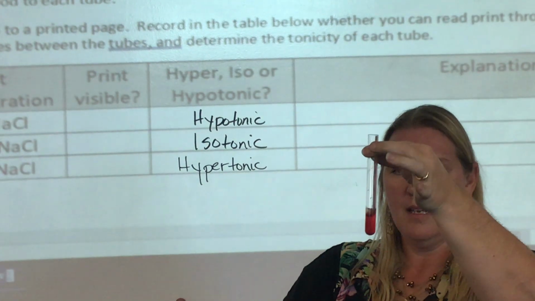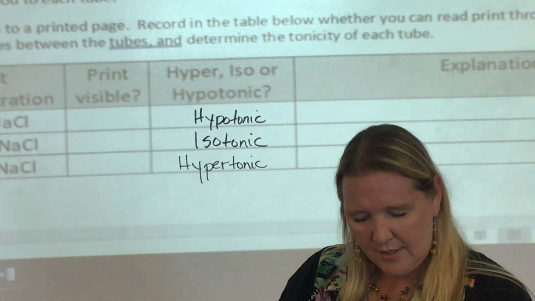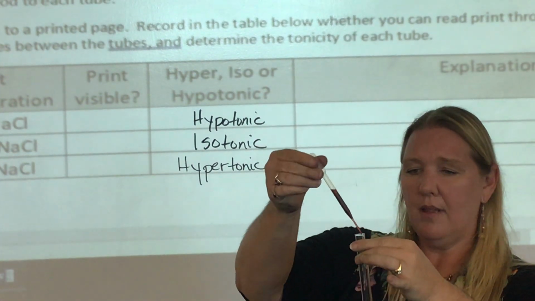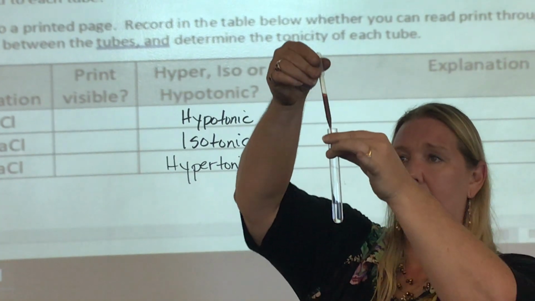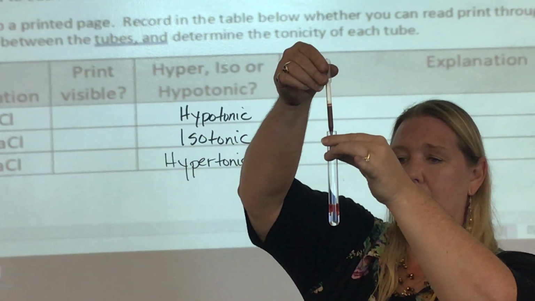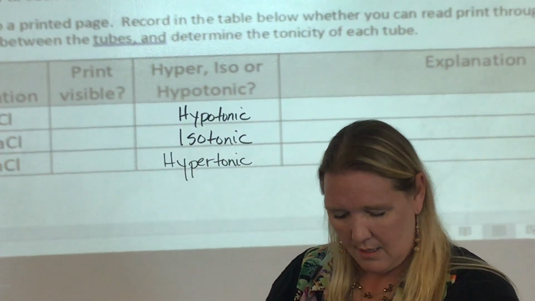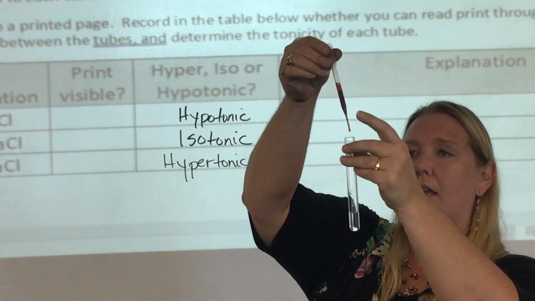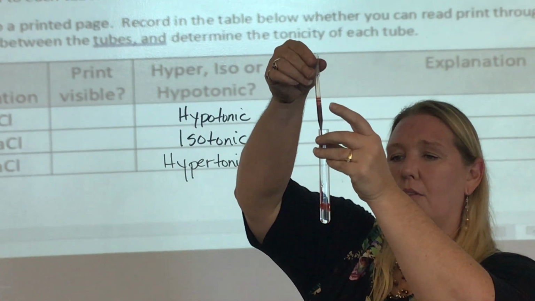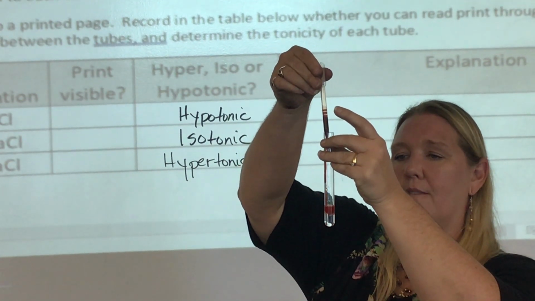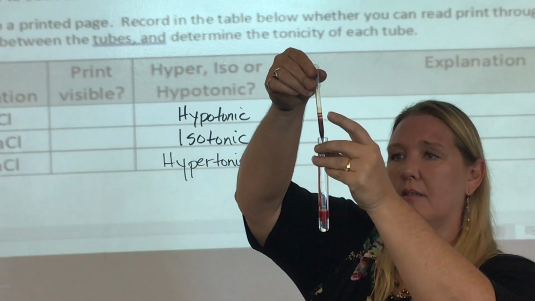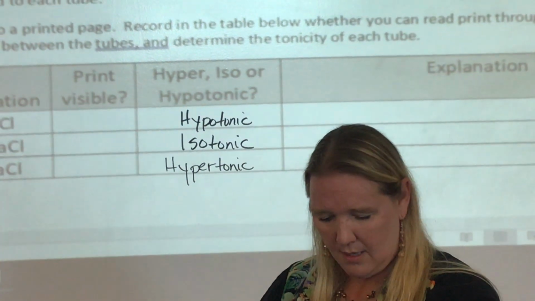And at first they might look all the same. Let me get them all set up and then we can talk about the differences. 1, 2, 3, 4, 5, 6.